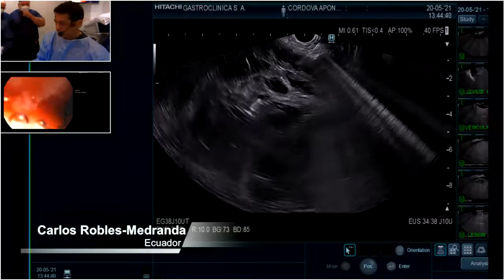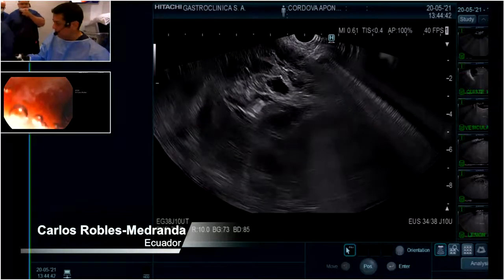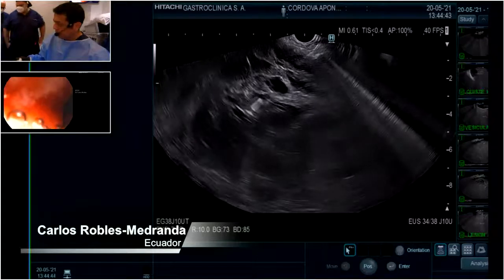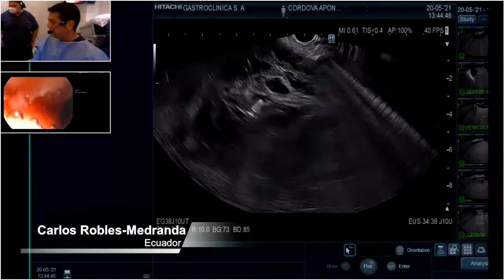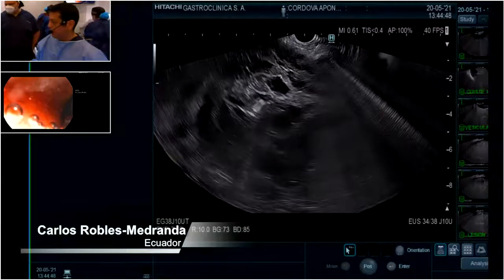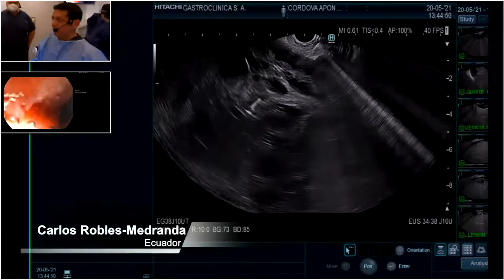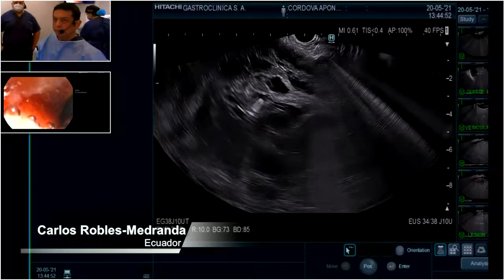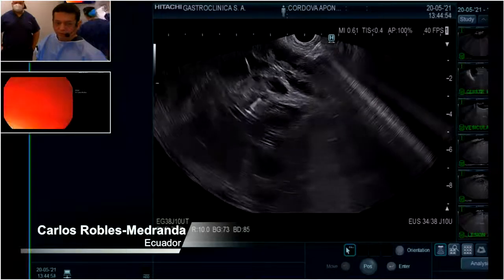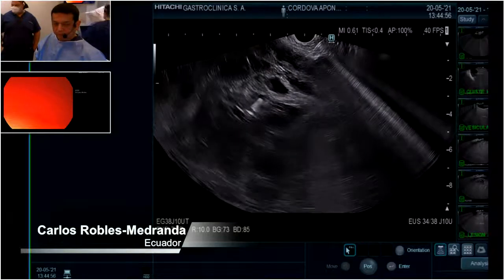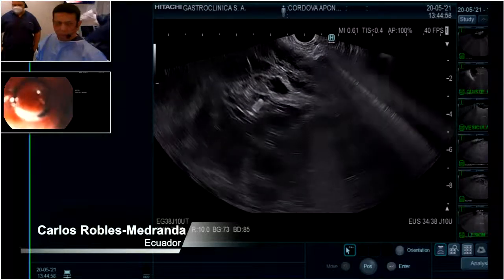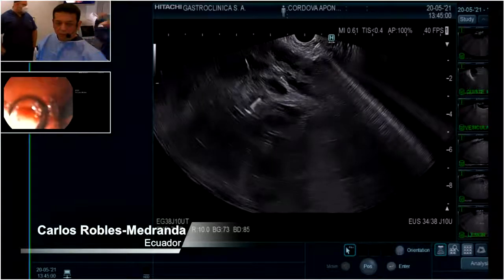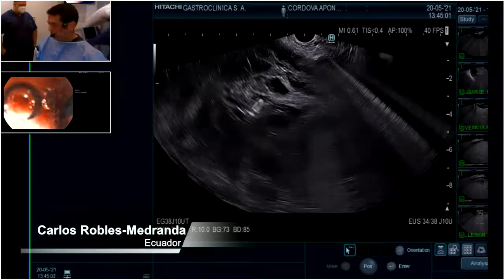Dame una guía. So I will pass a guide wire to use my axios, and we will do a drainage for this lesion. Uh, 15 millimeters.